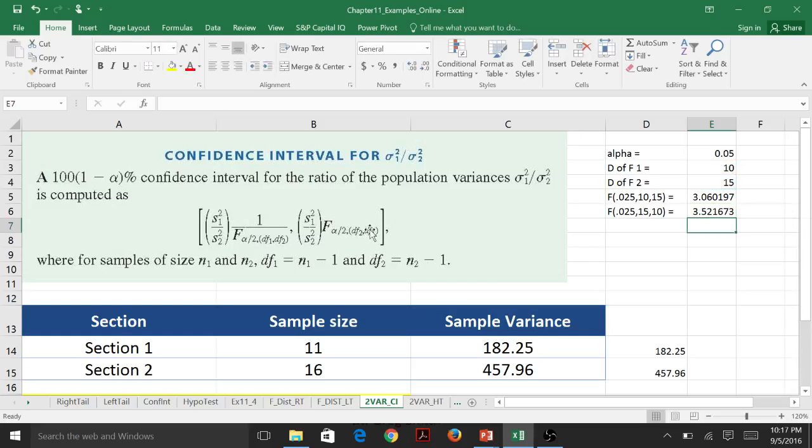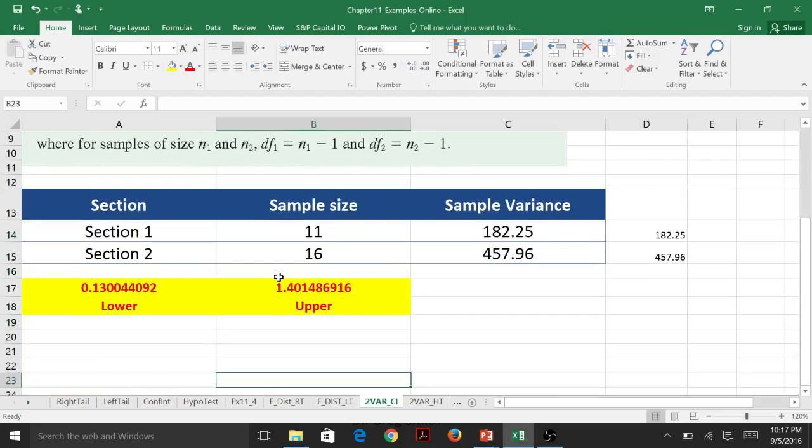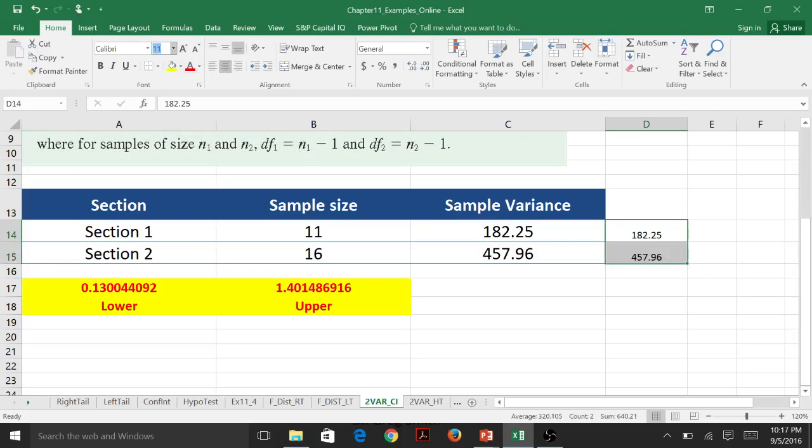The reason is, here 15 must go before 10, here 10 goes before 15. Now all I have to do is take the ratio of the sample variances and fill out the equation. So just to be clear, let's make sure we pull these numbers over here appropriately so you can see them. A little big, but I think that makes sense.